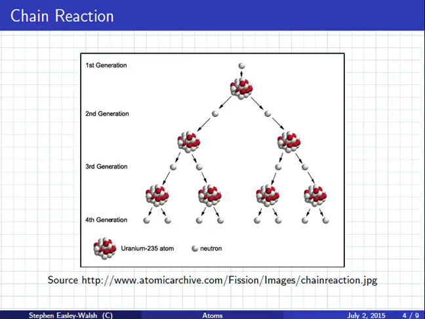Yeah. So let's see what you got here. Chain reaction is when neutrons released from uranium splitting cause further uranium splitting, which releases more neutrons. So it continues on like this. Okay. Next.